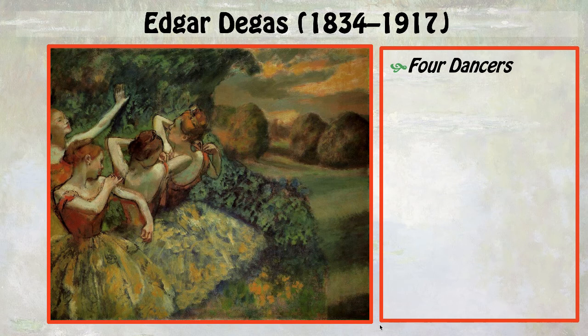This image is a painting that looks a lot like a pastel, that is a colored chalk drawing. In some of Degas' images, it's kind of hard to tell which is which because he uses this very pastel-like tone with his paint.